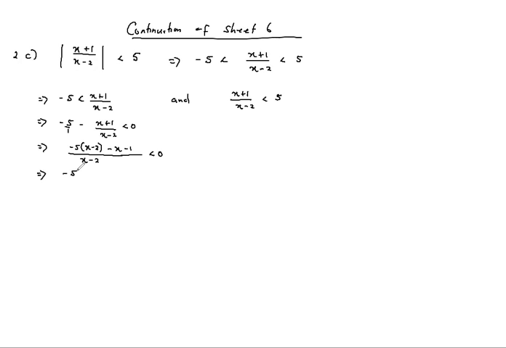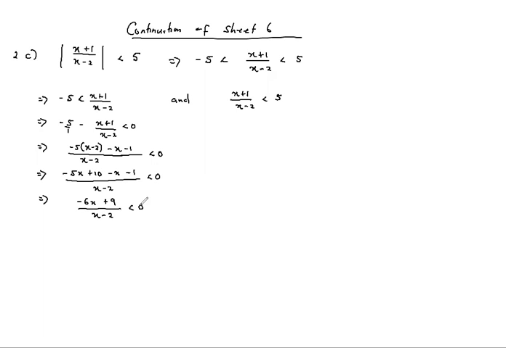Then we'll have -5x + 10 - x - 1 over x - 2. And I think I solved this question yesterday. Anyway, it's a good revision. So that we get -9. Okay, sorry. So we get -6x + 9 over x - 2 less than 0.